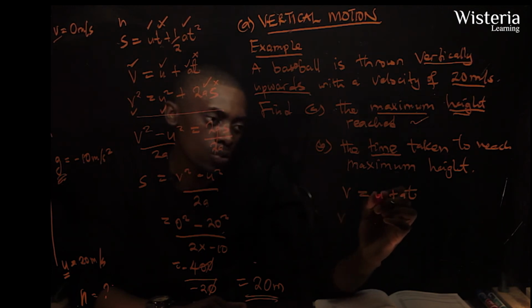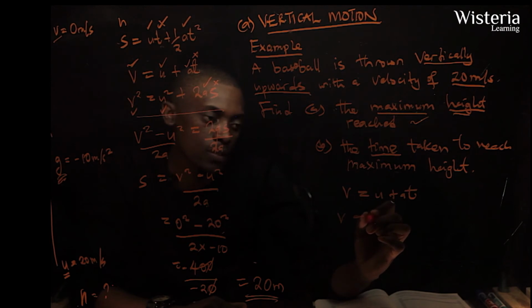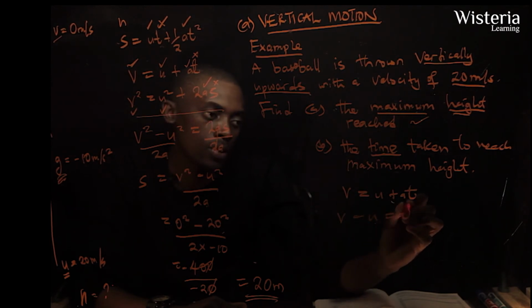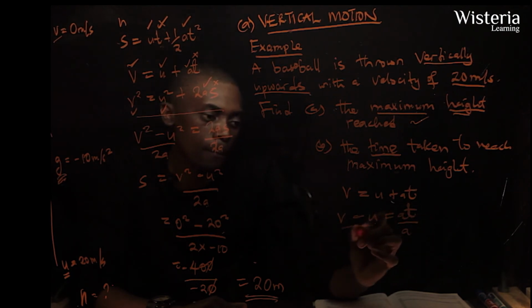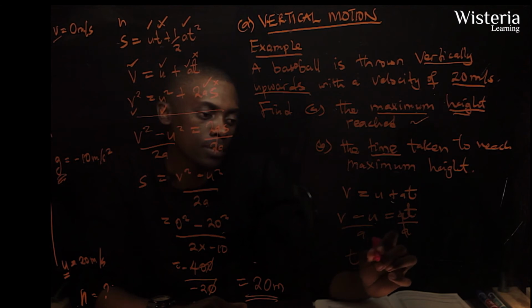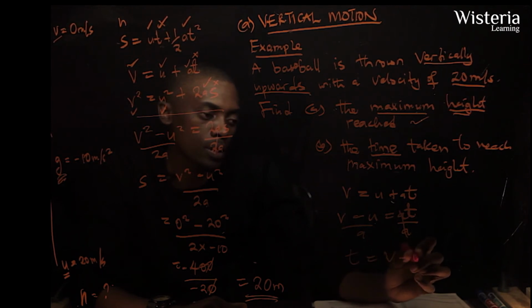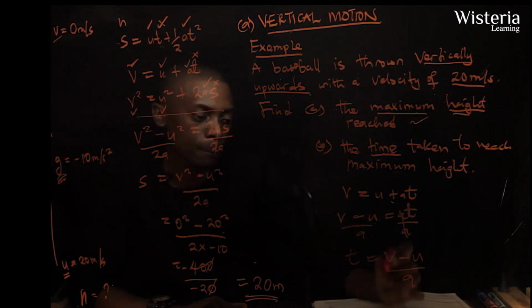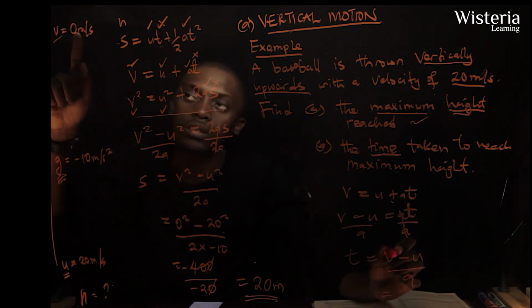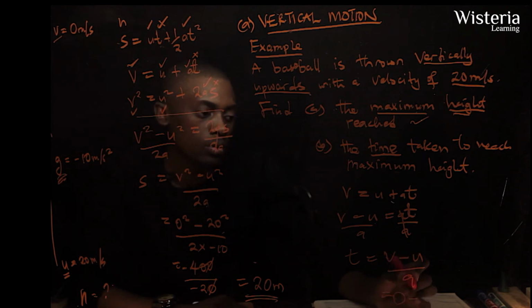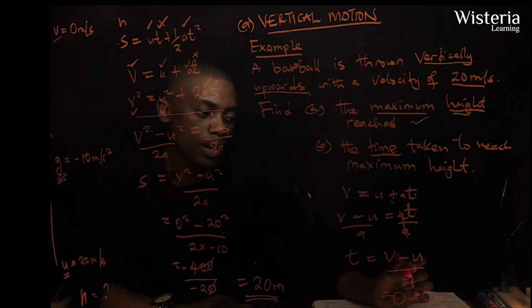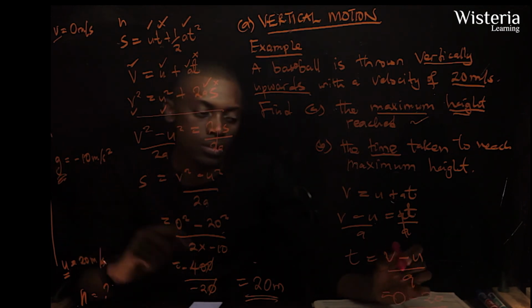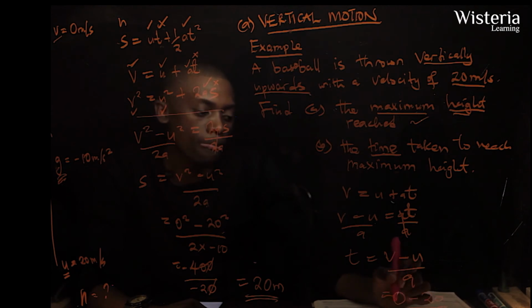v equals u plus at, u is positive, crosses and becomes negative u. Then we remain with at. Divide both sides by a, so that our time is the same as saying v minus u over a. If we substitute in, our final velocity is 0, our initial velocity is 20, and our a is acceleration due to gravity, which is negative 10.